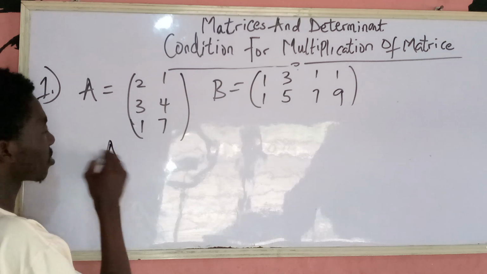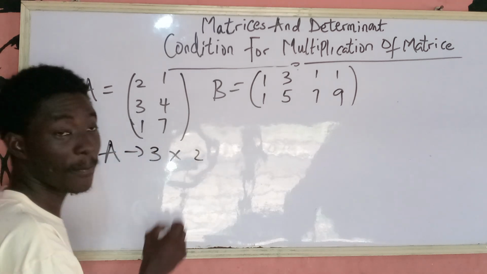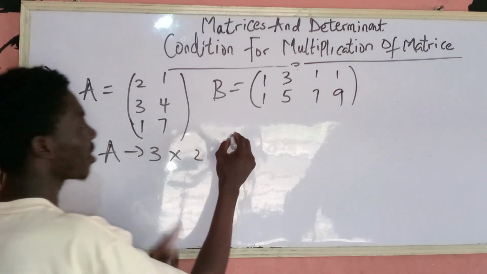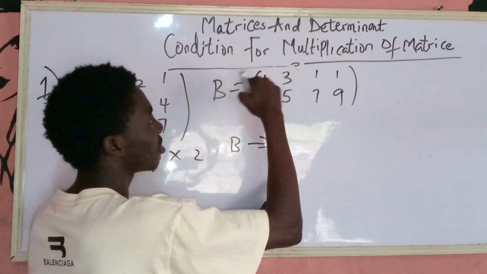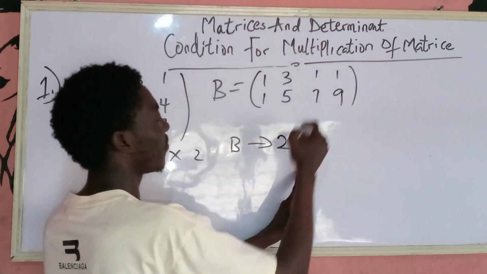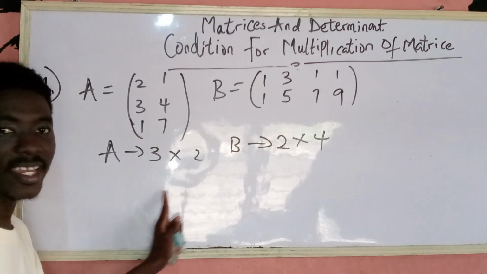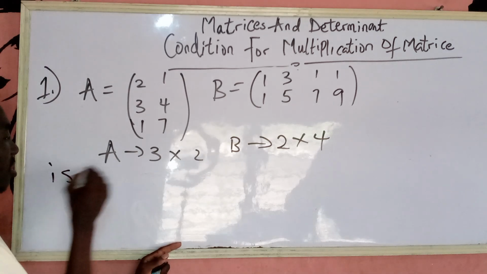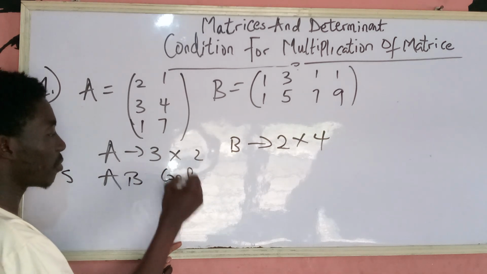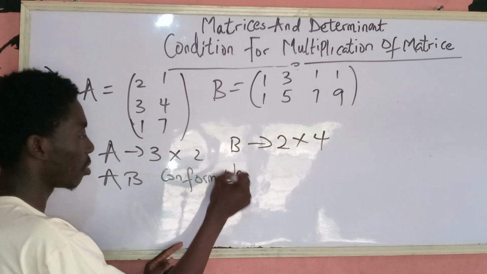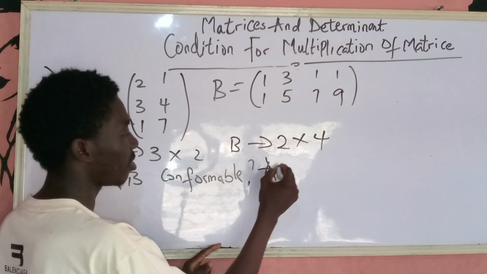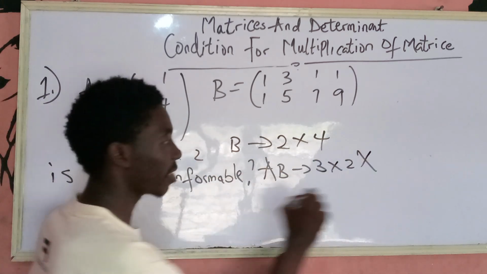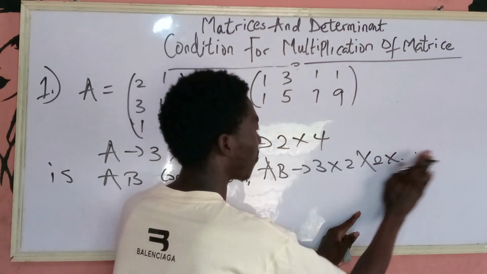Our A here is a 3 by 2 matrix, because we have 3 rows and 2 columns. While your B is 2 rows and 4 columns. So you have 3 times 2, 2 times 4. Is AB conformable? That is, AB is equal to 3 times 2 times 2 times 4.